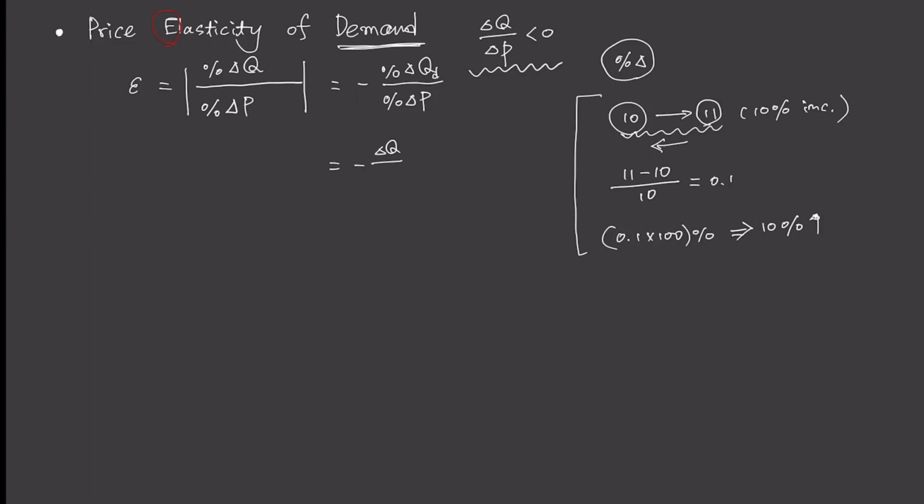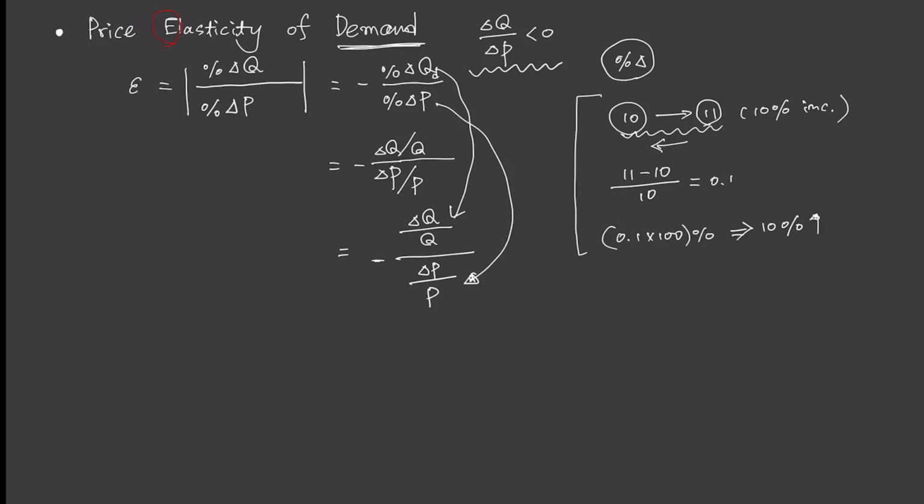So delta Q over delta P, each divided by the original values Q and P, is nothing but the percentage change. In other words, delta Q over Q is the percentage change of Q, and delta P over P is the percentage change of P, and the negative sign is right here.